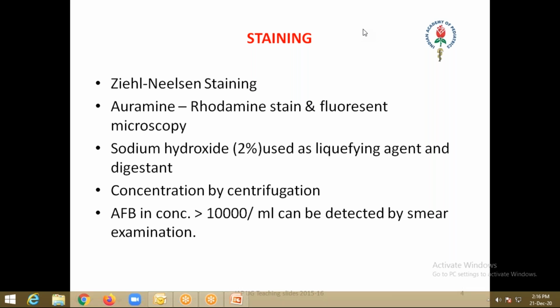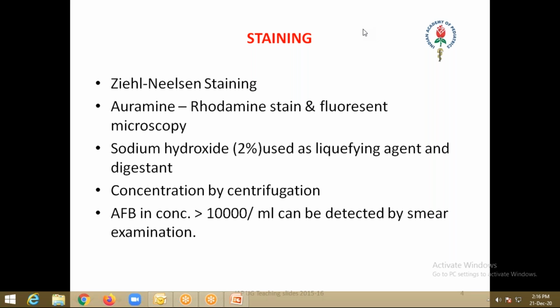Ziehl-Neelsen staining is the most commonly used staining, and other types of stains are the auramine-rhodamine stain and fluorescent microscopy. Sodium hydroxide is the liquefying agent and digestant which we use in detecting the bacilli.